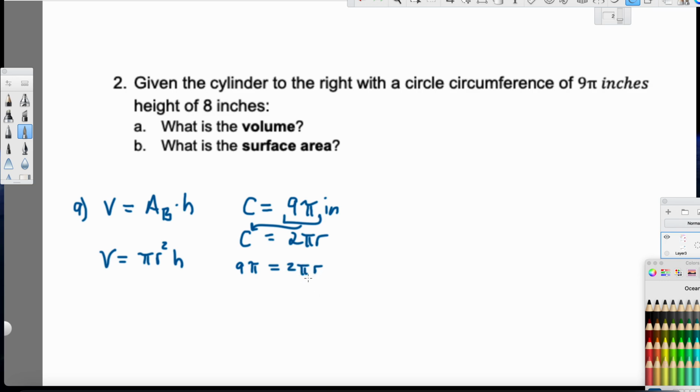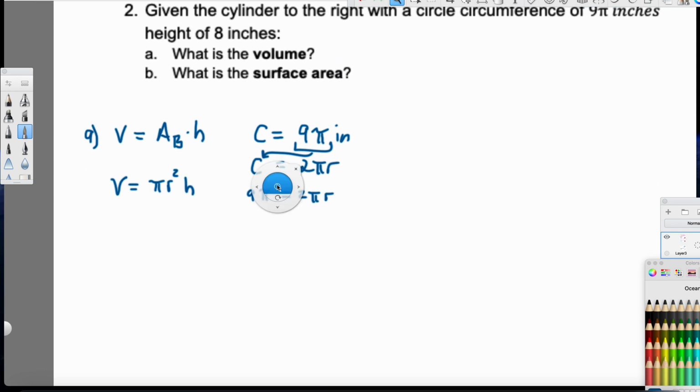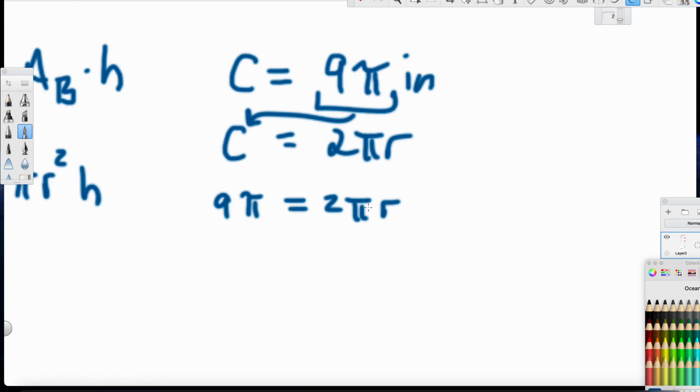Now we're solving for r here. I want to undo multiply the 2 pi here. So what do I do to undo multiply? I divide. So I'm going to divide 2 pi to both sides. And we get, so pi's all cancel, and 9 divided by 2 is 4.5 inches.